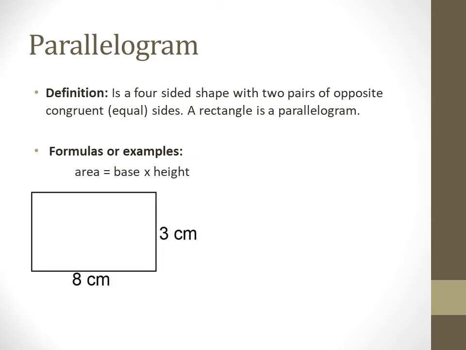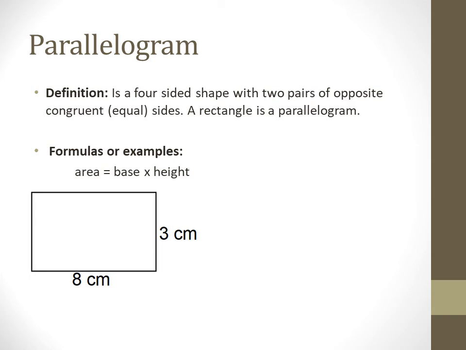So if we look at this, you see that we have a rectangle. We have two sides that measure 8 centimeters and two sides that measure 3 centimeters. Right? They're two pairs of opposite congruent sides.